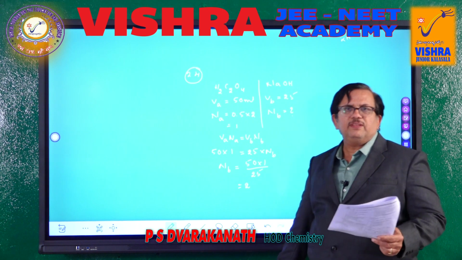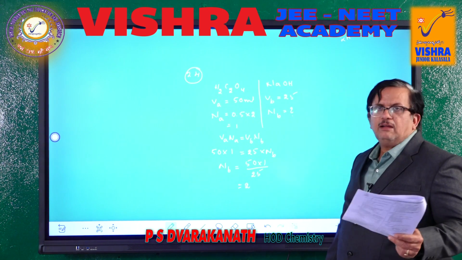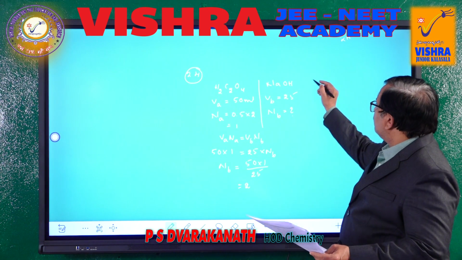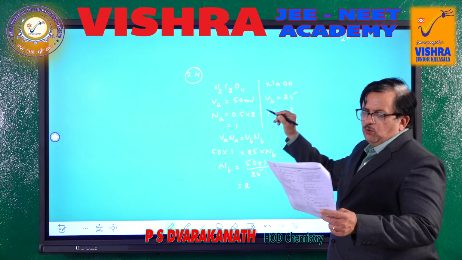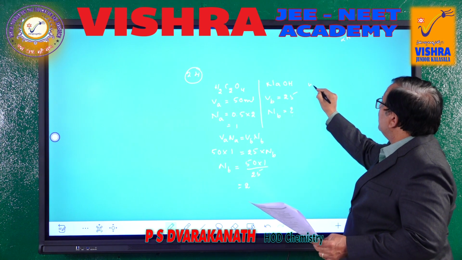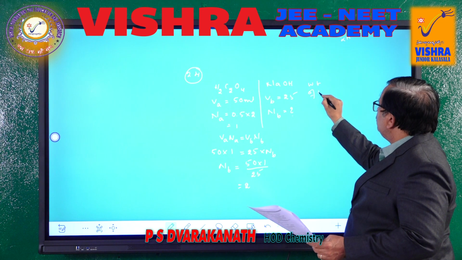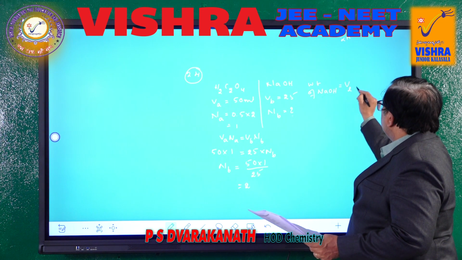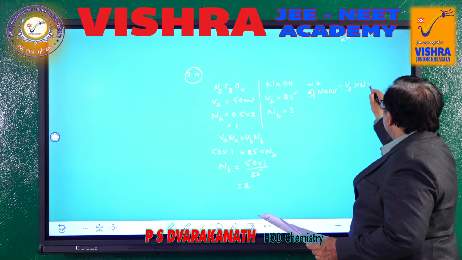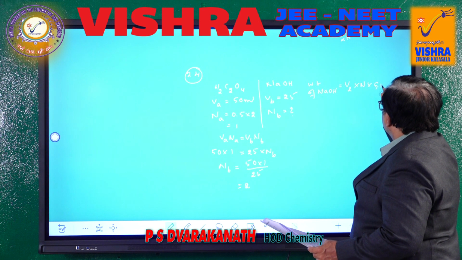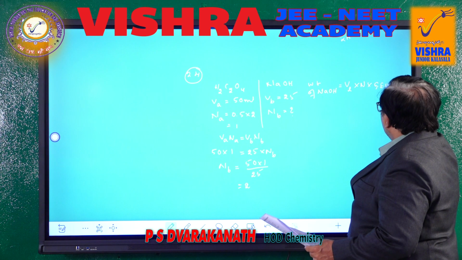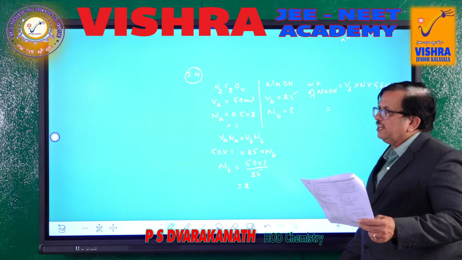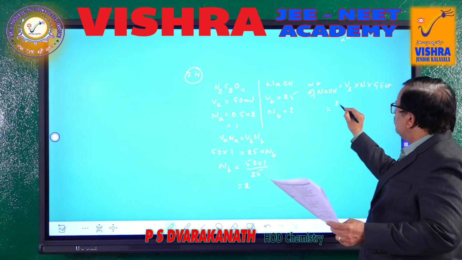Normality we got. Then what is the mass of NaOH, or weight of NaOH, or amount of NaOH? How can you calculate the weight of NaOH? Volume in liters into normality into gram equivalent weight. Then what is the volume in liters? It is 25 ml only.